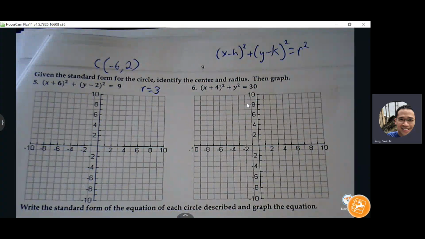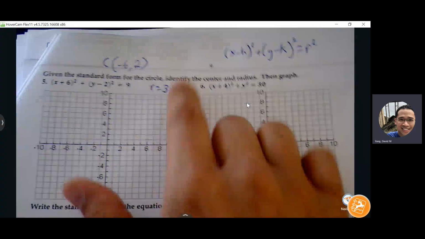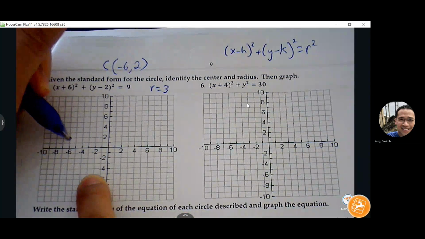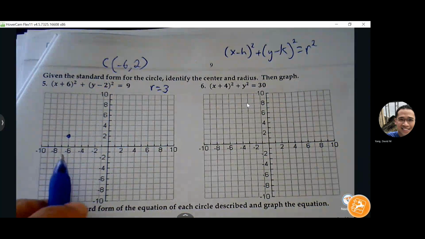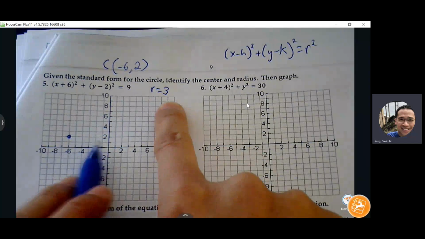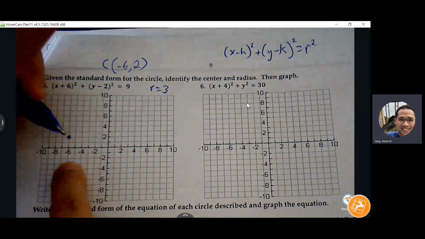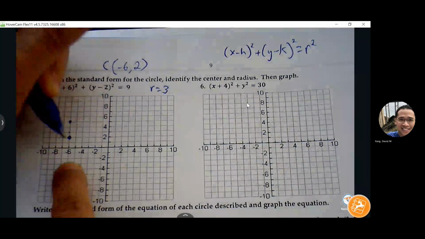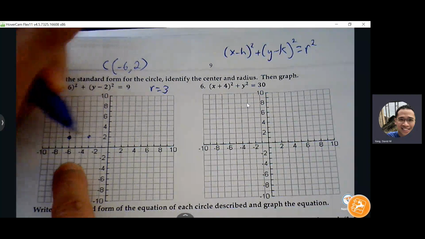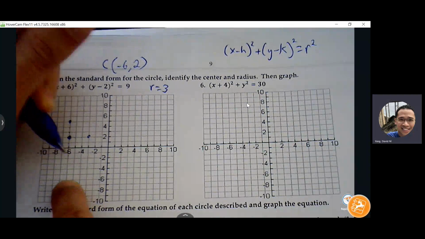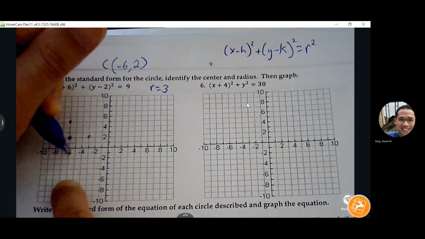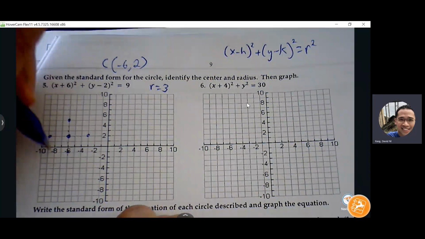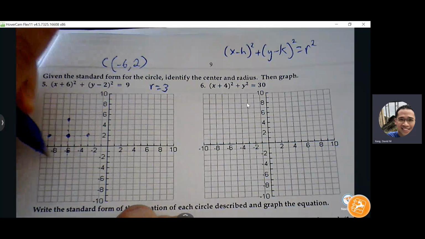Okay, so the way that I sketch a circle is this. I plot my ordered pair, -6, 2. And then I'm just going to count up, down, left, right, 3 units. Having 4 points above and below, left and right, kind of gives me some assistance in mapping out how I'm going to create my circle.